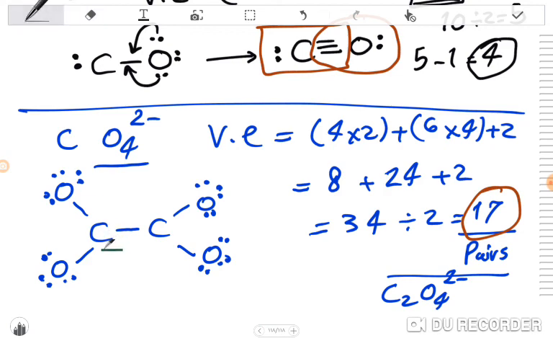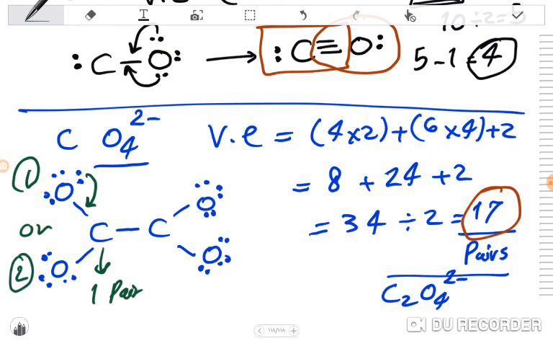This carbon only needs one pair. This oxygen or this one, no difference between them. One of them does this and converts a lone pair to a bonded pair. Okay?